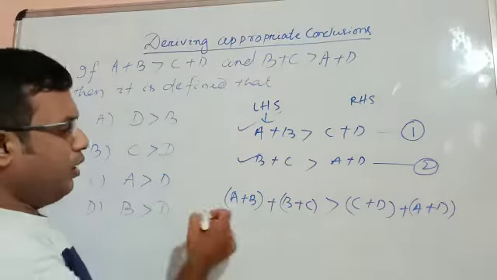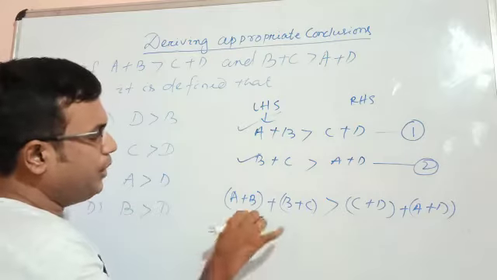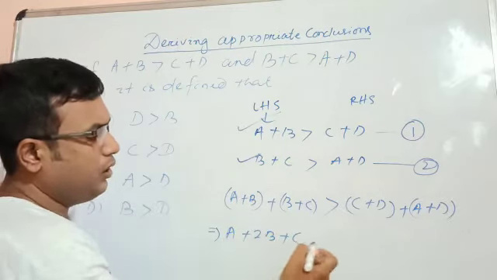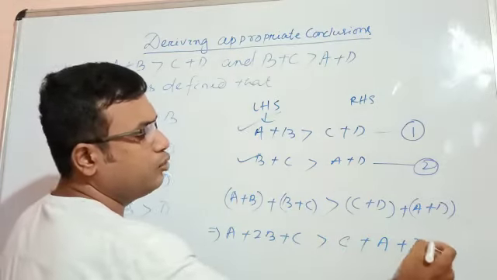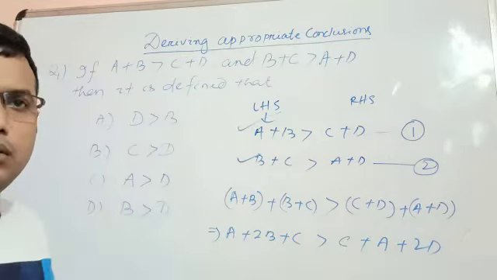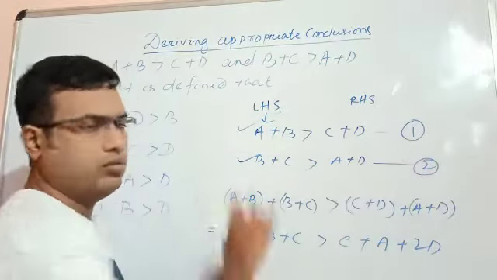Okay. So now combine A plus B and B plus C is greater than, that means C plus A plus 2D. Just combine statement 1 with 2.